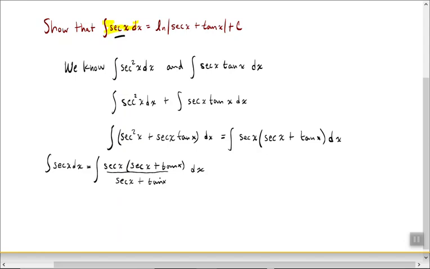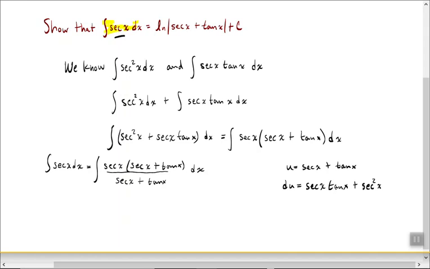All right, so from here, we might be a little bit stuck unless we know something called u substitution, and thankfully we do at this point. So u equals secant x plus tangent x, and the derivative of secant x is secant x tan x, and the derivative of tangent x is secant squared x.